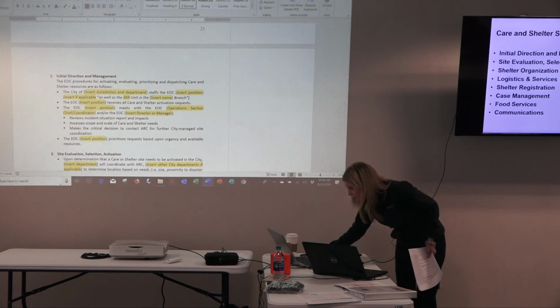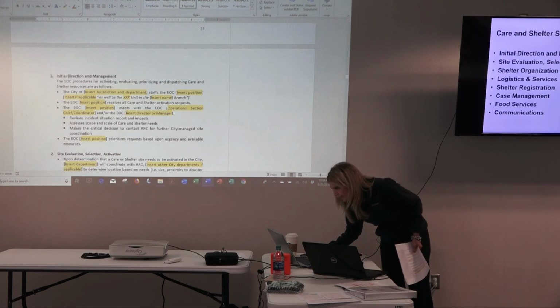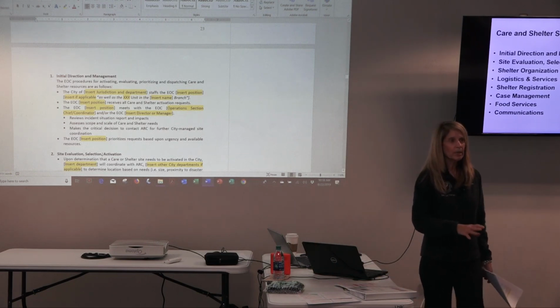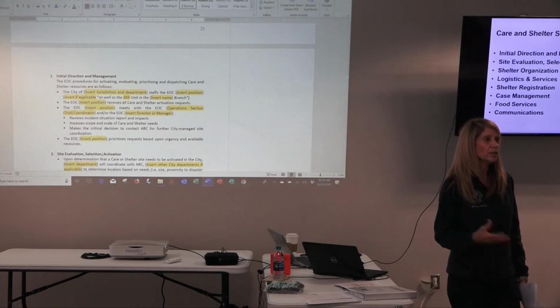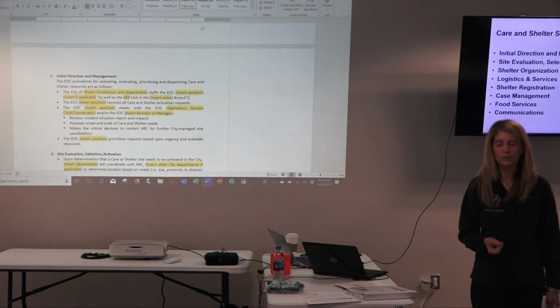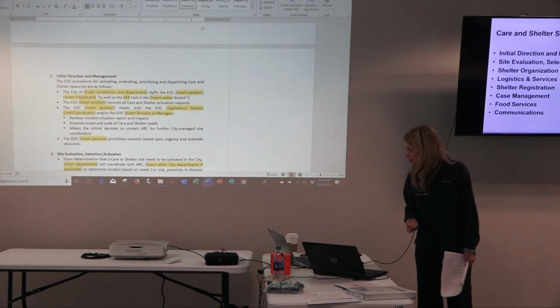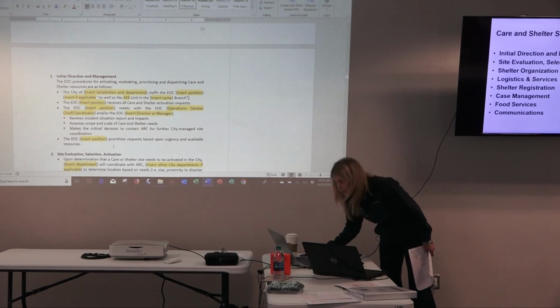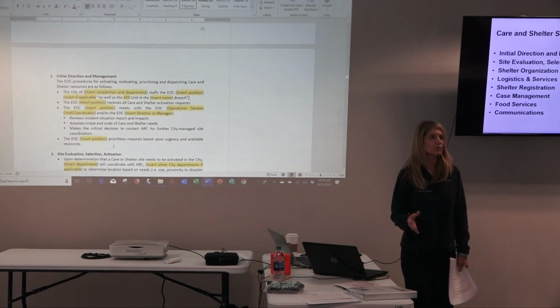Okay. So if you notice, the first thing that we describe is the EOC's initial direction and control and the initial management if it's under the direction of the EOC. Those bullets are pretty straightforward. In reading them, most of it's insert position. Now you're going to start to see a reference to EOC positions.